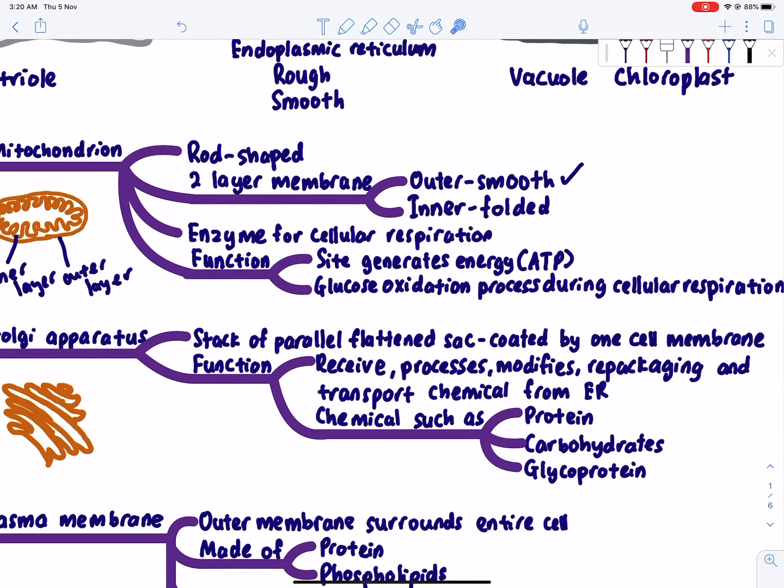The glucose reacts with the oxygen. We call this oxidation, and from the oxidation of the glucose, ATP is produced. ATP is involved in many functions of the body.